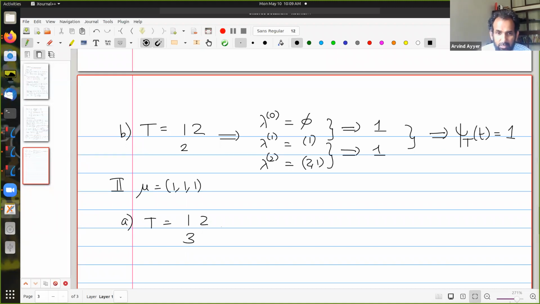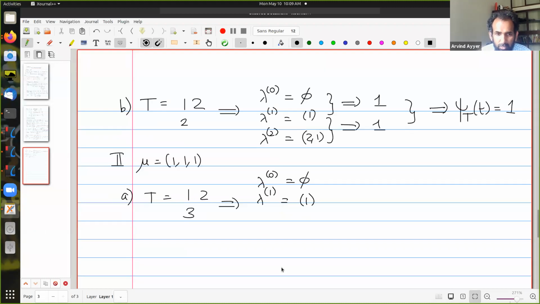Now something interesting is going to happen. So lambda naught is phi, lambda 1. Now there are 3, it goes up to lambda 3. Lambda 2 is, I have to take the entries less than or equal to 2, so I get the partition 2. And lambda 3 is 2, 1. Okay, so here too, I get a contribution 1.